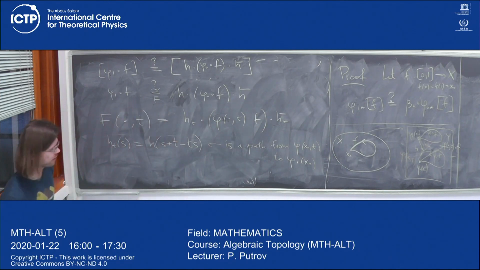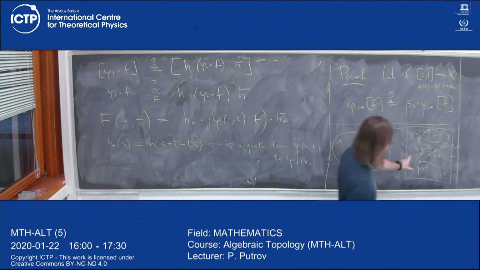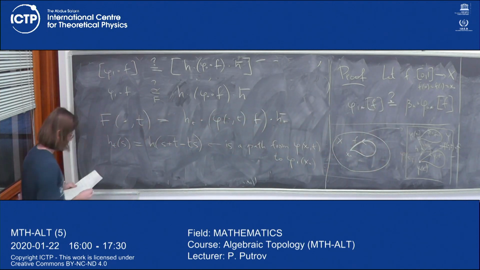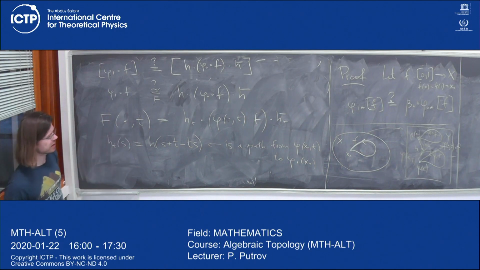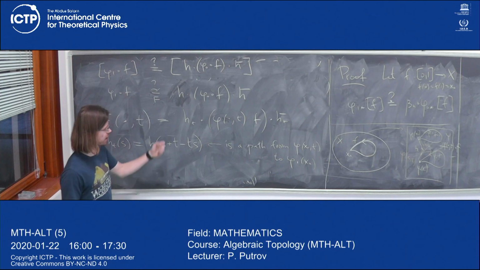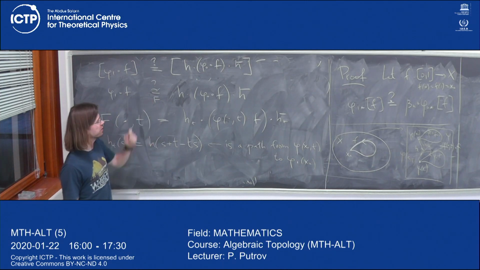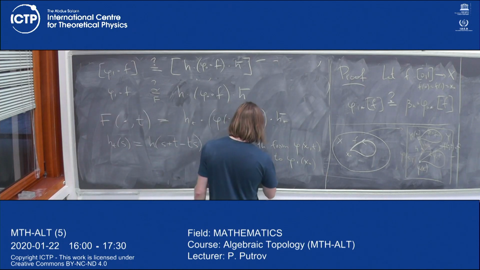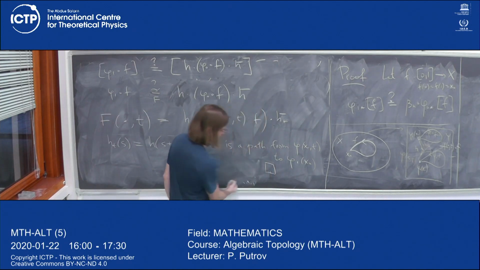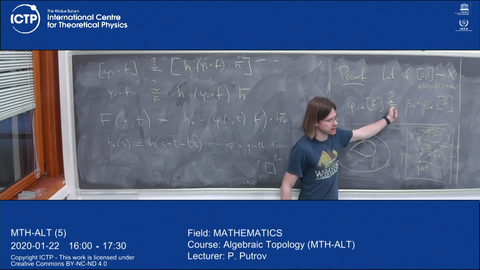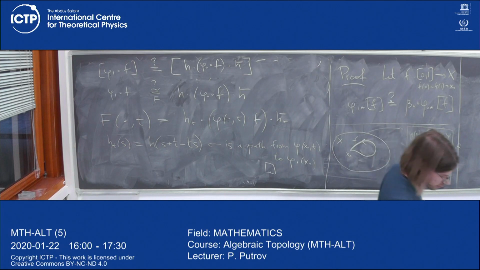There is some change of variables which realizes this truncation. So this provides an example of such a path homotopy, and this proves the lemma. So we showed these guys are identical for any loop.